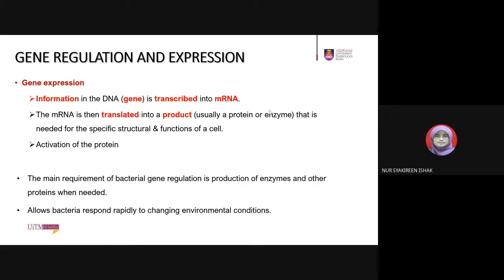It can be proteins that function as structural proteins. We learn there is collagen, we have microfibrils, microtubules. All of that are proteins, produced through the process of transcription and also translation.